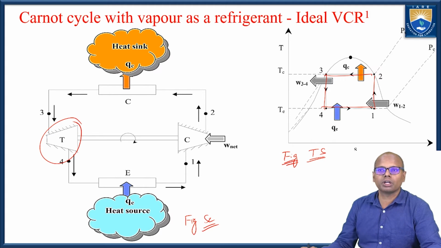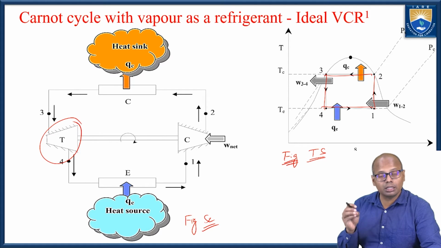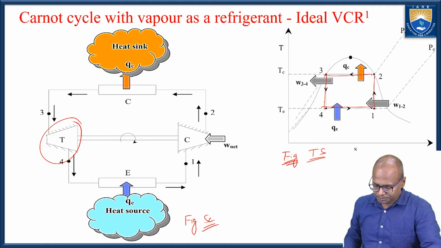Now first what we will do, if refrigerant is working on the Carnot cycle, what is the performance. Because the Carnot cycle is the ideal one and it will have the maximum COP, we are analyzing first the Carnot cycle when the Carnot cycle is used for the refrigerant.